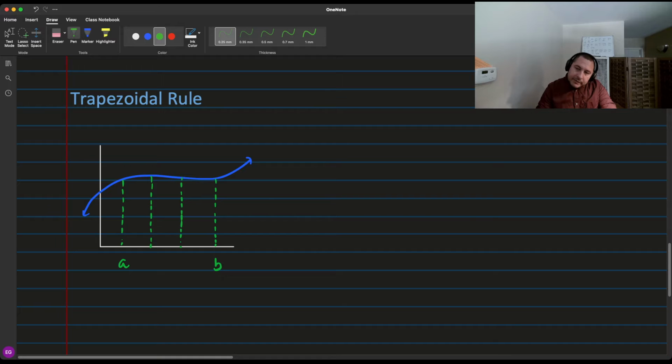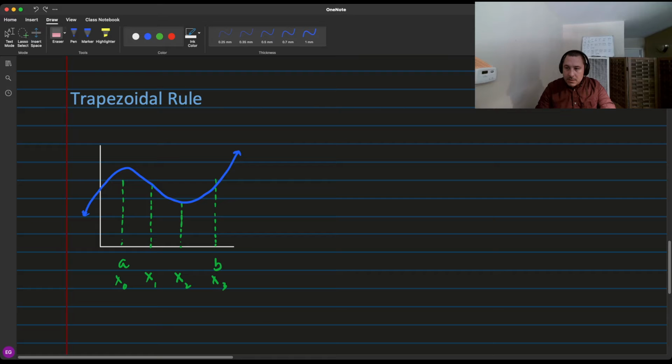So you have x0, x1, x2, x3. And actually, no, we're going to change our function here a little. Let's make it a little more extreme. I want it to go like that. Okay, so our function's going to be a little more extreme.